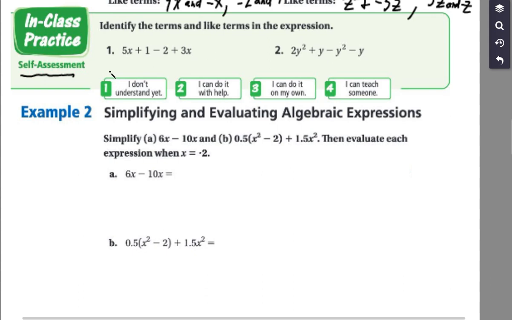All right, so on number 1, the terms are, we have a 5x, a 1, a negative 2, and a positive 3x.